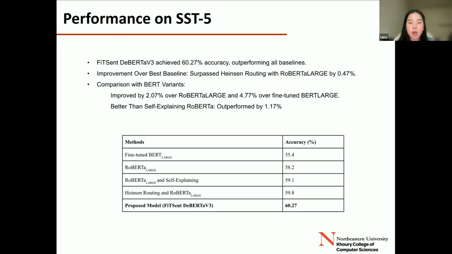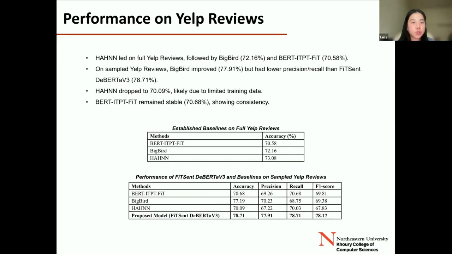And next, I want to show the performance on the Yelp Reviews. So here, this table compares the accuracy across baseline models on the full Yelp Reviews. And our sample Yelp Reviews dataset only contains 100,000 data points.